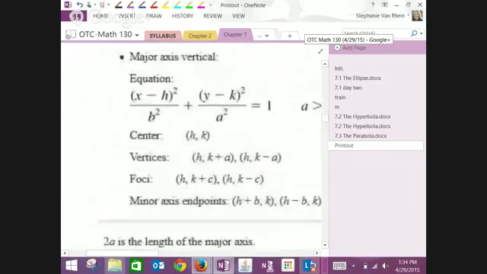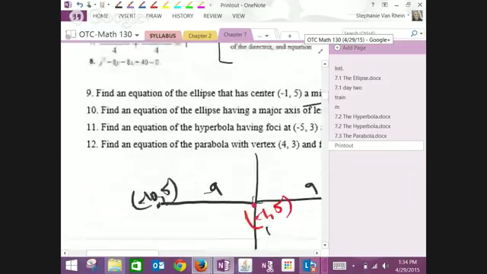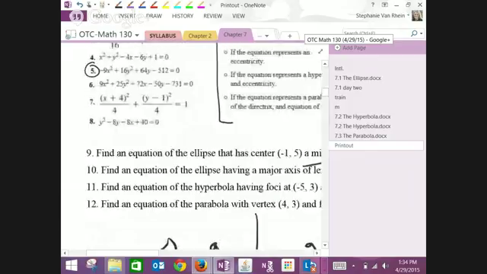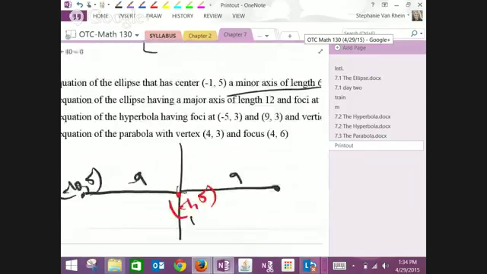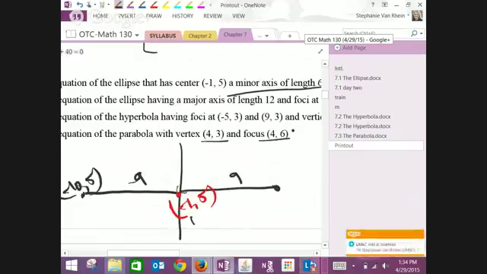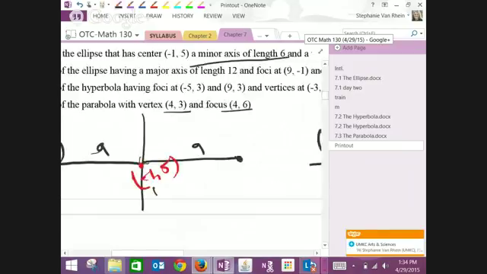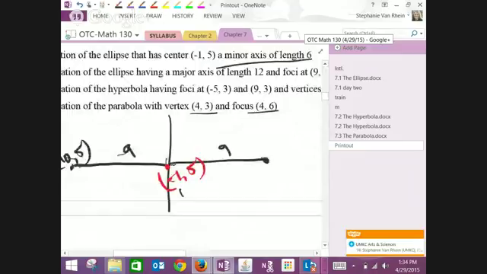If I tell you, this is a vertex, this is a focus, put it in standard form. Here P is pretty easy to find because P is the distance from the vertex to the focus. What is the difference between the vertex and the focus? 3, right? So which way is it opening?